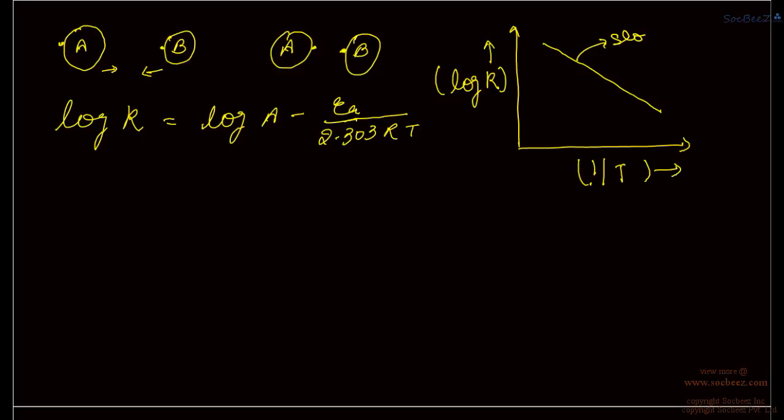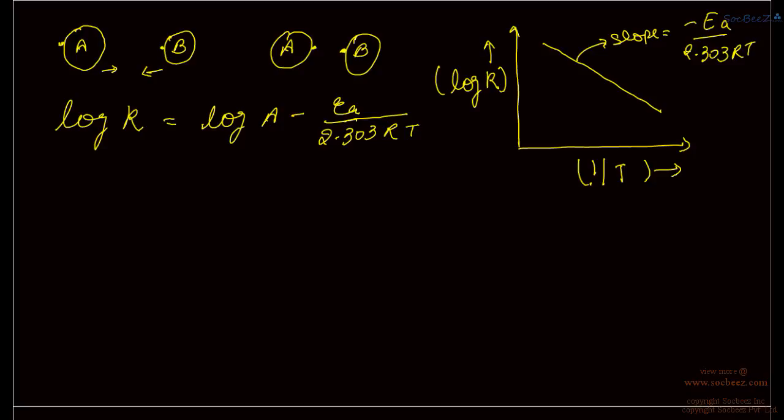And the slope has the value minus Ea upon 2.303 R. Therefore, we can find the activation energy of any process by plotting a graph between log k and 1 upon T.